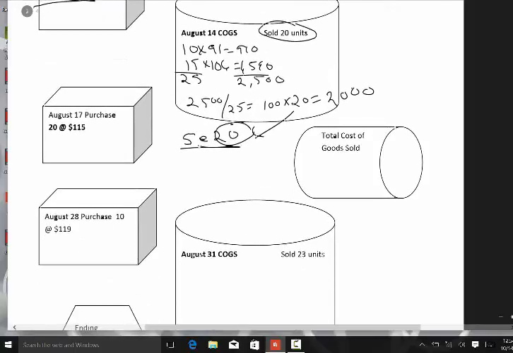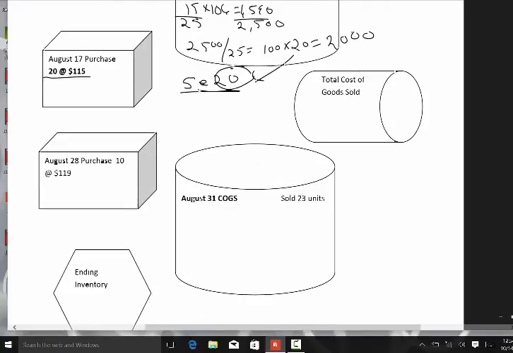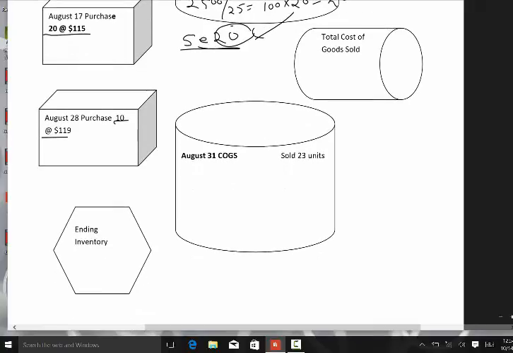And so then on August 17, I purchased 20 units at 115, and then on August the 28th, I purchased 10 units at 119. And then I have a sale on August the 31st. So what do I have in inventory at that time? Remember, I have those 5 units left over with that average cost of 100.